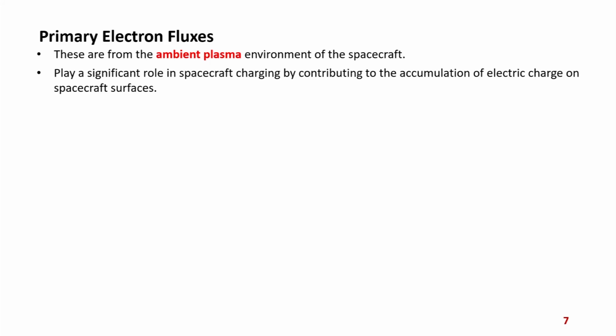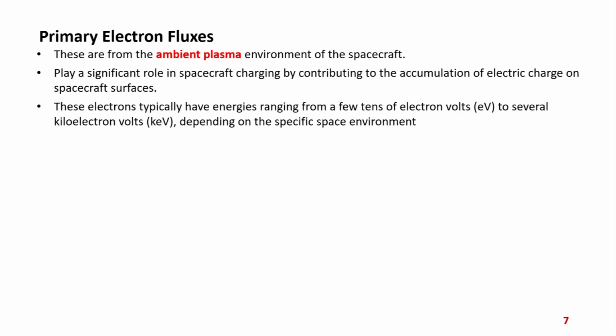Primary electron flux we already discussed a lot, so just for the sake of completeness, I am writing it here. Again, these are from the ambient plasma environment of the spacecraft. They play a significant role in the spacecraft potential, the built-up potential. It is mainly dependent on the primary electron or primary ion fluxes.